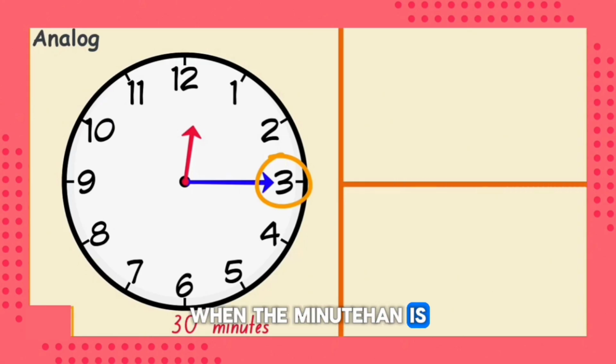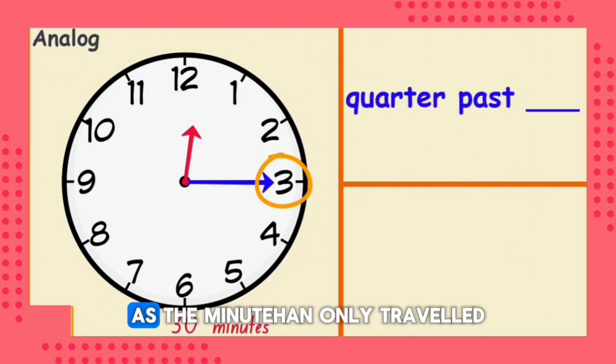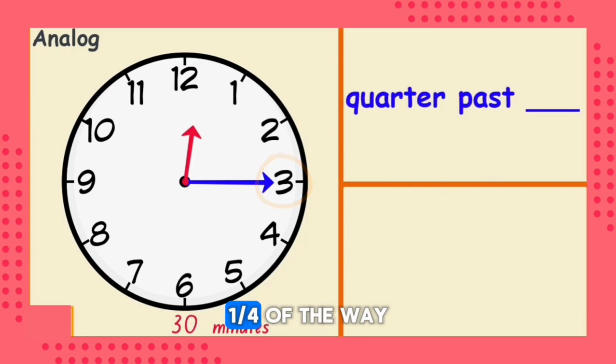When the minute hand is pointing to the number 3 on an analog clock, we say it is quarter past something, as the minute hand only traveled 1/4 of the way around the clock. If you look at the hour hand, it has just passed the number 12, so this means the time on the clock is quarter past 12.